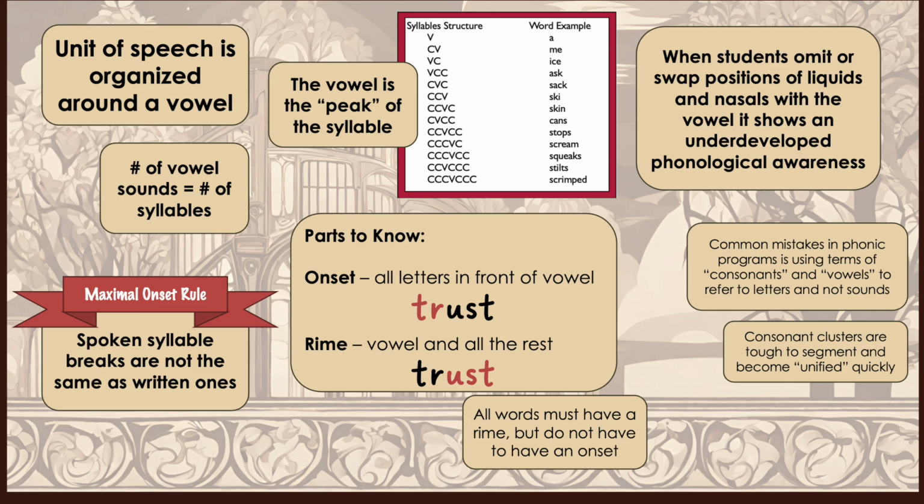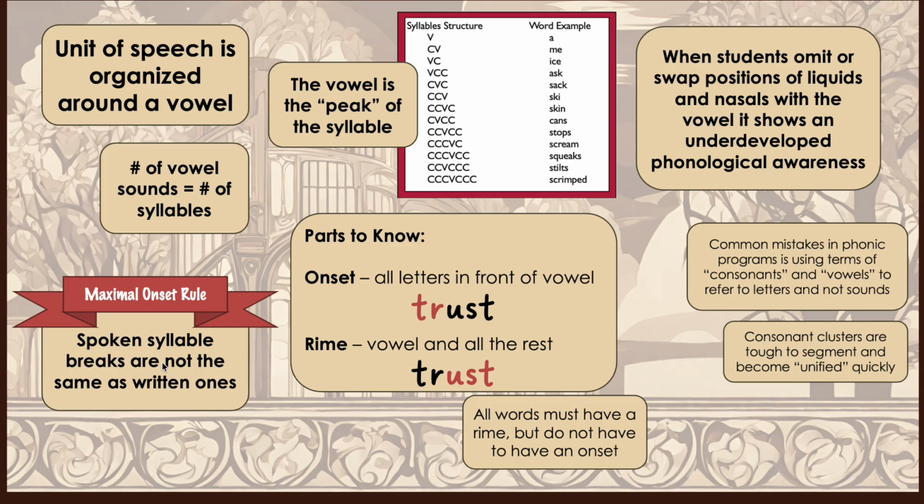Something that we're going to talk a lot more about in further units, chapter 7 and chapter 4, is something called the maximal onset rule. This occurs when you listen to how a word is spoken and how the syllable is spoken, as opposed to how it is broken into syllables through written expression or through the dictionary.